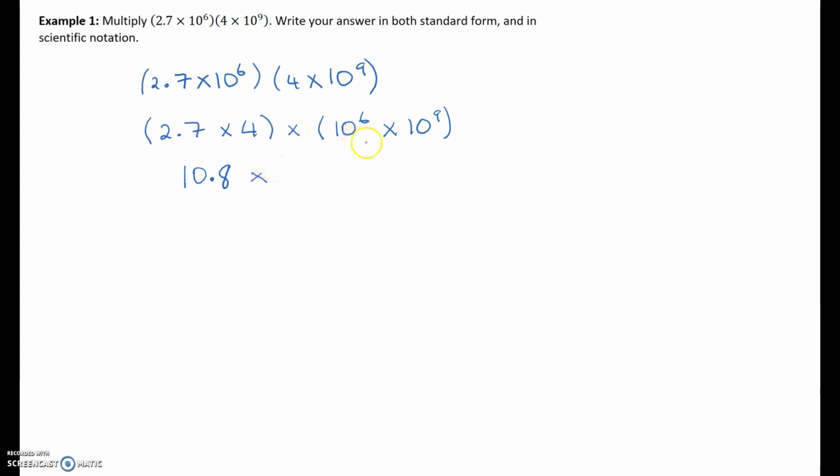Now, the way we multiply the tens, use your rules of exponents here. Remember, if the base is the same, add the powers. The rules of exponents tell us that if we have the same base, we just keep that base.